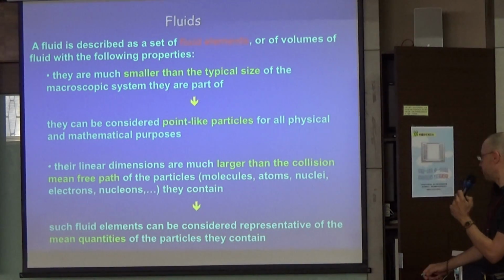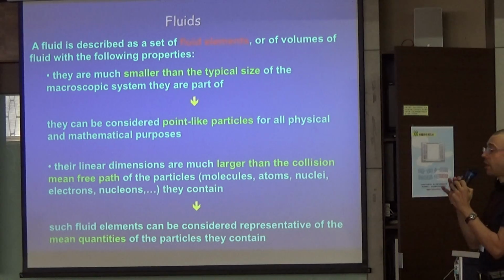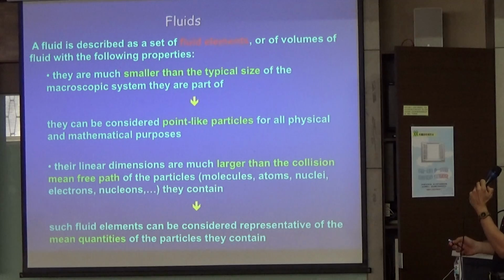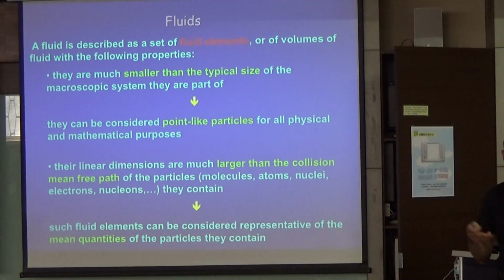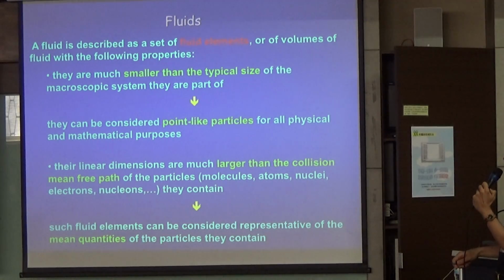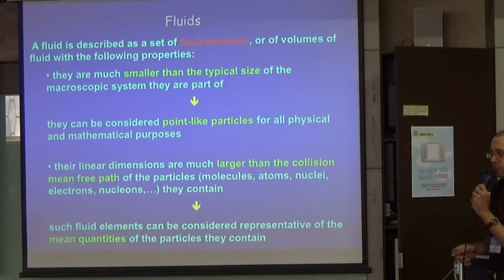What are fluids? Probably you're familiar with that. They're a set of fluid elements, and fluid elements are pieces of volume containing matter, such that the typical size is much smaller than the macroscopic system that you want to study, the neutron stars, the accretion disk, of course, so that each of these volumes can be considered as one point in your simulations and one point in your theory.